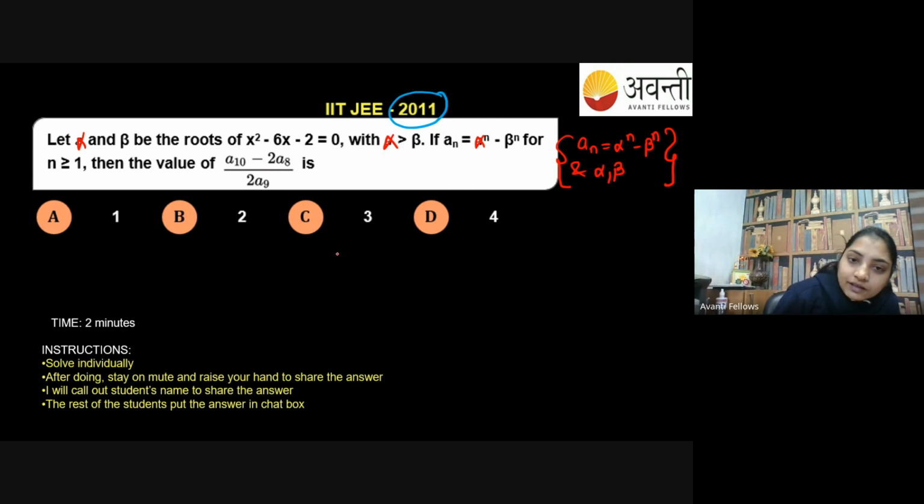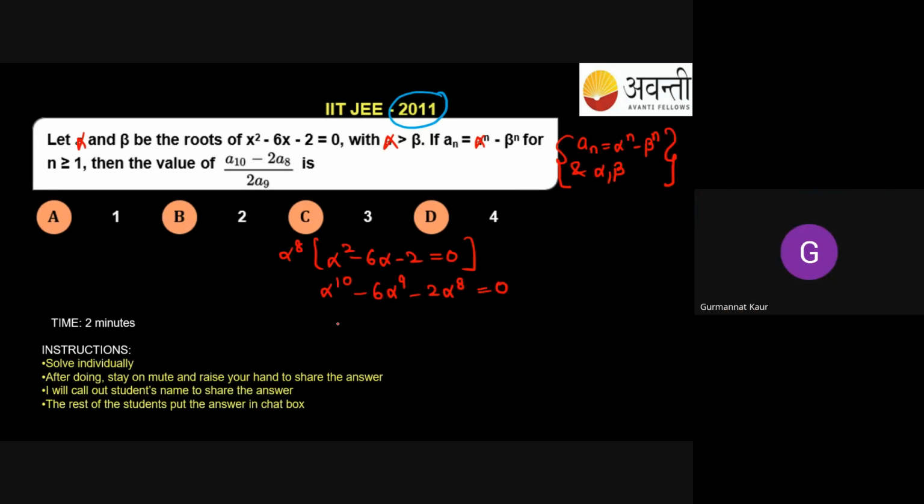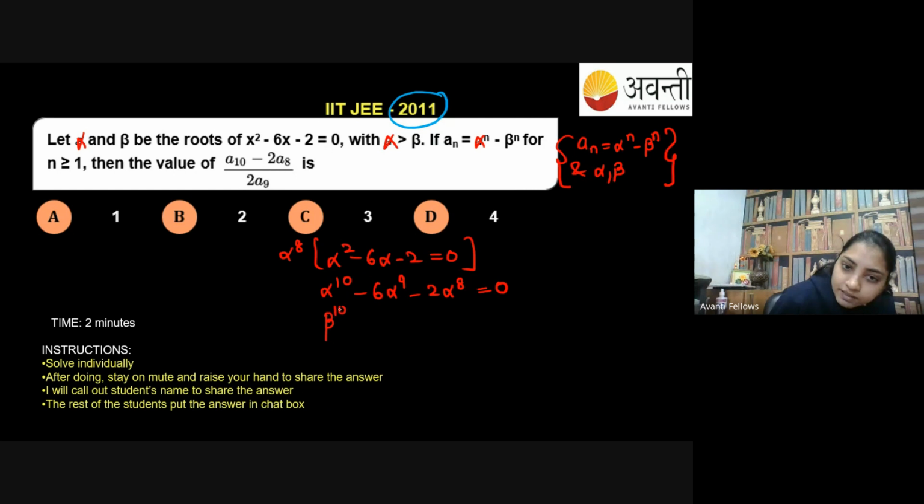It is given that alpha square minus 6 alpha minus 2 is equal to 0. If I multiply this whole equation by alpha raised to power 8, it will be alpha raised to power 10 minus 6 alpha raised to power 9 minus 2 alpha raised to power 8 is equal to 0. Similarly, beta raised to power 10 minus 6 beta raised to power 9 minus 2 beta raised to power 8 is equal to 0.